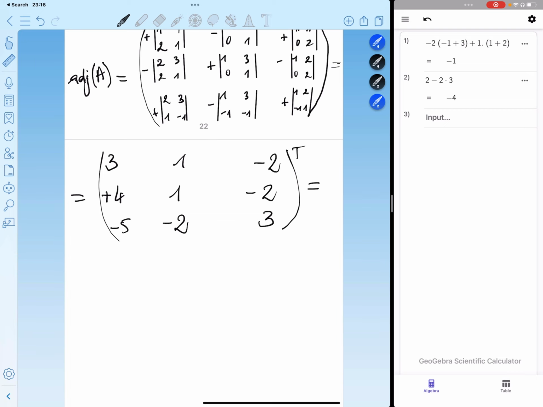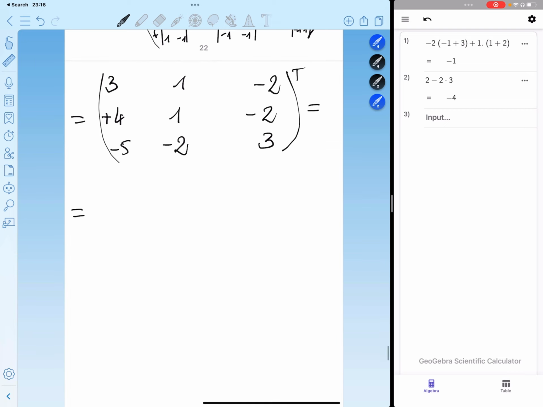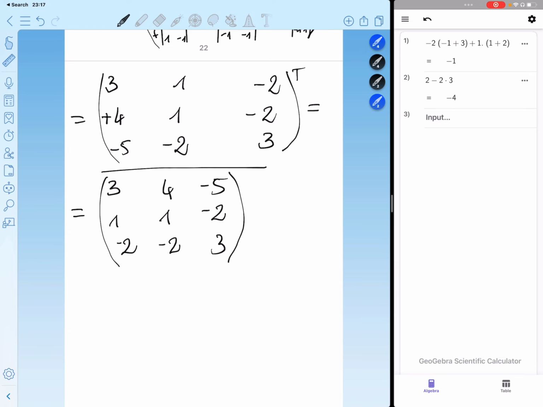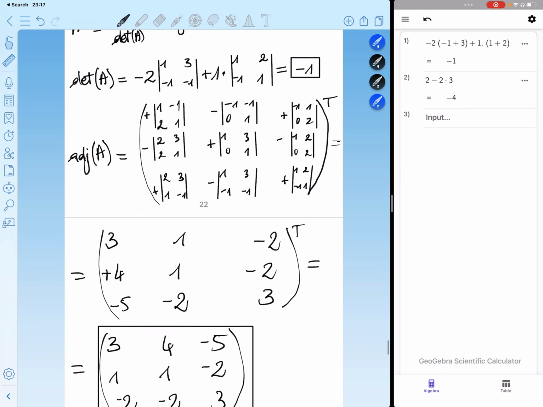Now this is equal to, I'm gonna write the transpose, so this one would become vertical, right? I'm gonna write this row, I'm gonna make it be a column, so 3 1 minus 2, then 4 1 minus 2, then I'm gonna have minus 5 minus 2 3. So basically this is the adjoint of A.